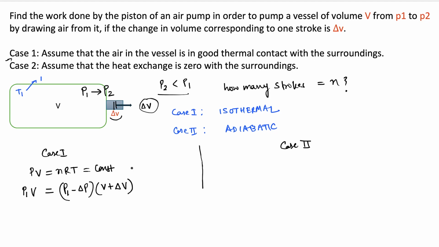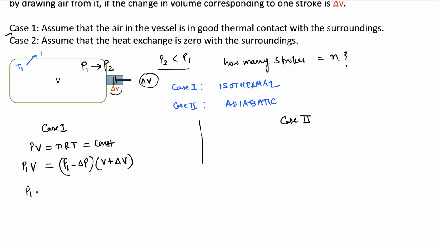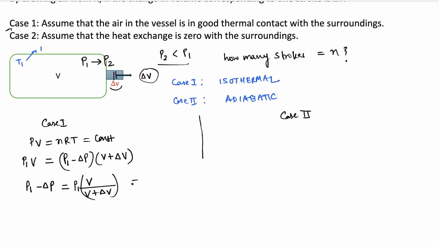So P1 minus delta P is P1 V by V plus delta V. This is after one stroke, right?